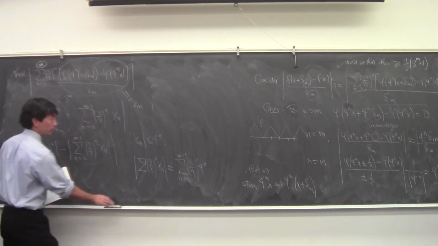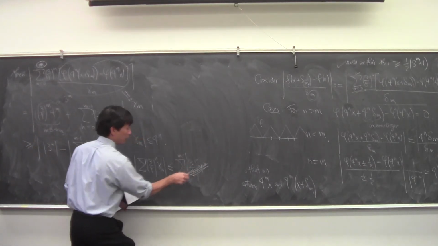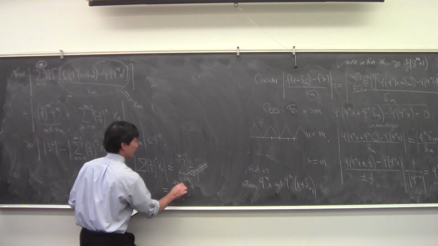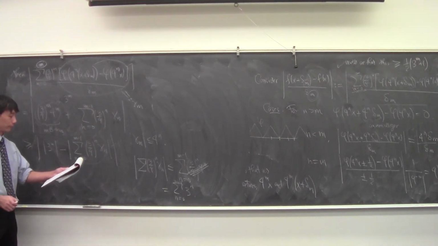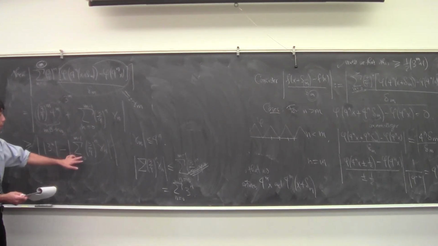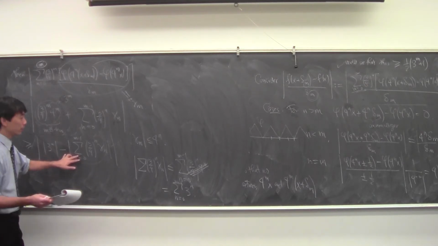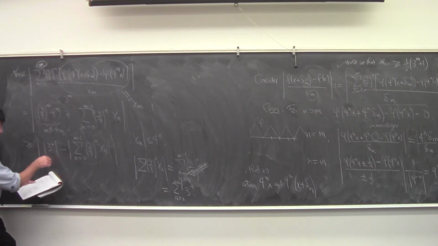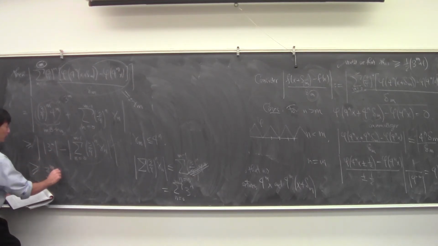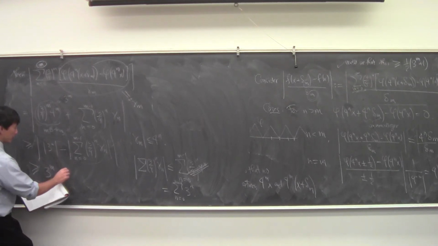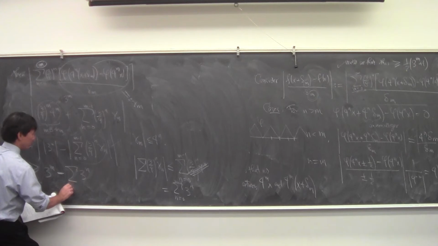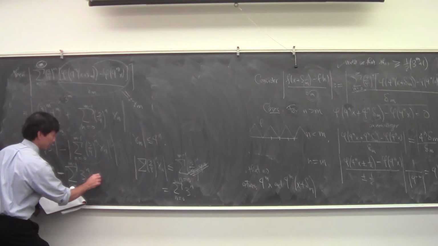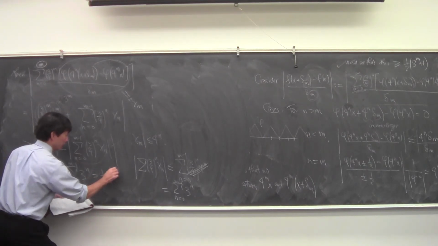In other words, the sum of 3 to the n from n equals 0 to m minus 1. So this thing is bigger than 3 to the m minus the summation of 3 to the n from 0 to m minus 1. And if you work that out, that turns out to be 1/2 of 3 to the m plus 1.